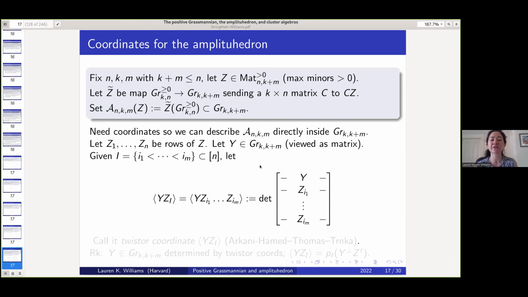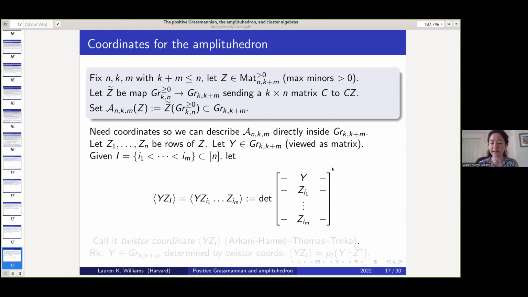I take my matrix Y, which is k by k plus m, and then I stick below it particular rows of my matrix Z, rows Z_i1 through Z_im, where i1 through im comes from this collection. Now I have a k plus m by k plus m matrix, so I can take the determinant.